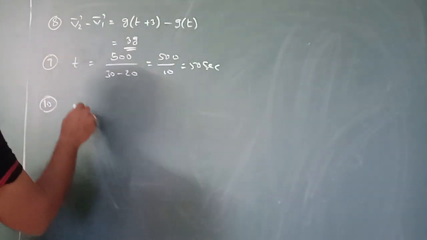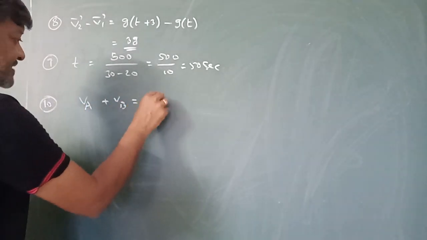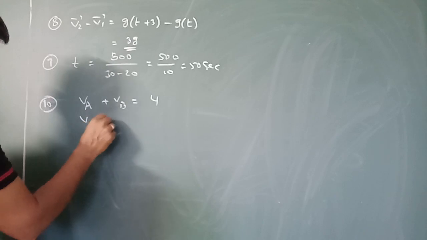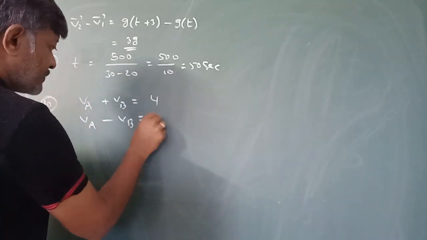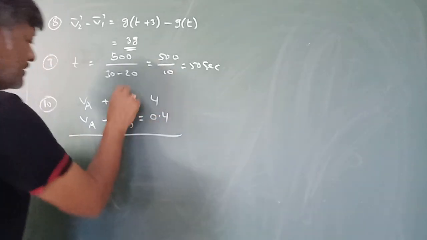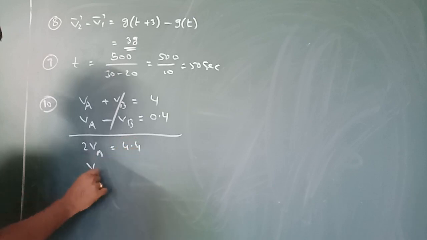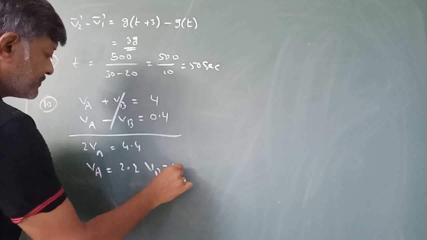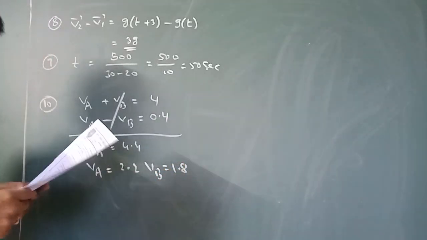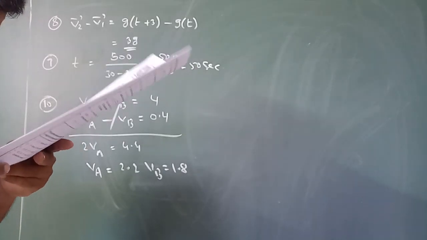So when they are moving opposite, VA plus VB is equal to 4 meters per second, and in the same direction VA minus VB is equal to 4 meters per 10 seconds, means 0.4 meter per second. Add: 2VA is equal to 4.4, VA is equal to 2.2, VB is equal to 1.8. So 2.2 comma 1.8 are the correct answers to this question.